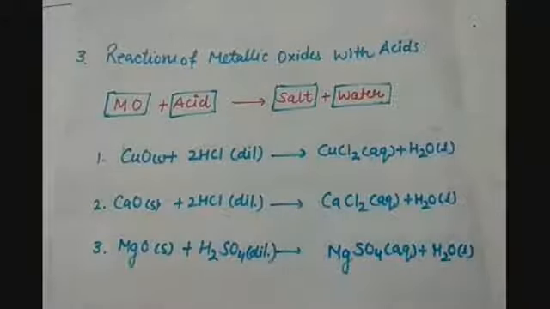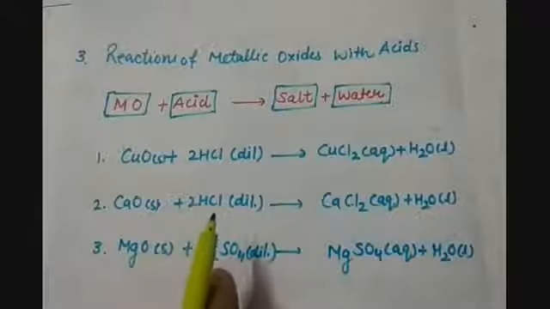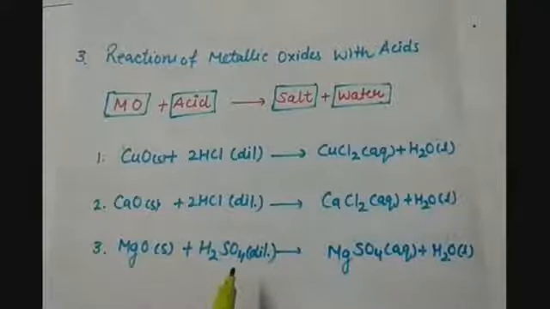So you can understand that when hydrochloric acid reacts, chloride salts are formed, and when sulfuric acid reacts, sulfates of the metals are formed, and along with them water is produced.